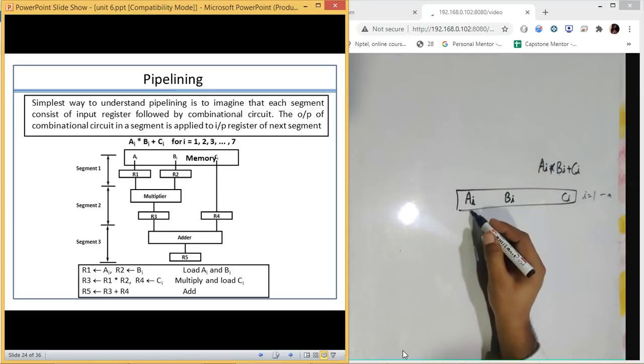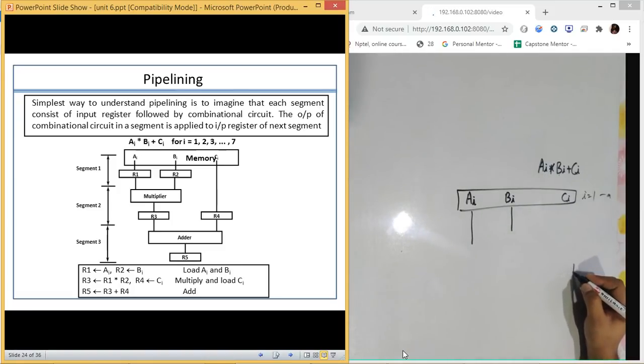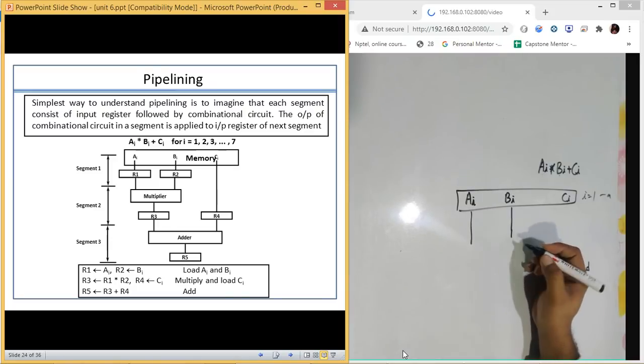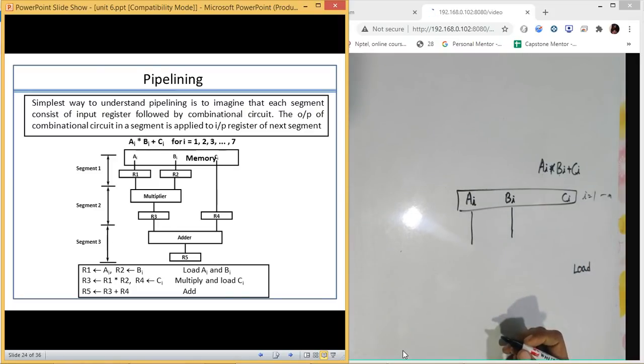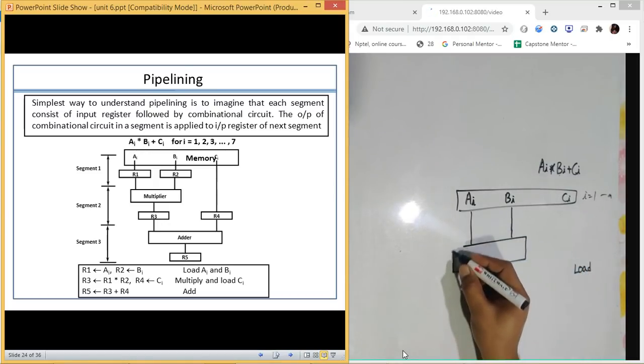So very first the work is the load task, that is, to load the data from memory to your processor for execution. In the first stage, we are only going to load the data.